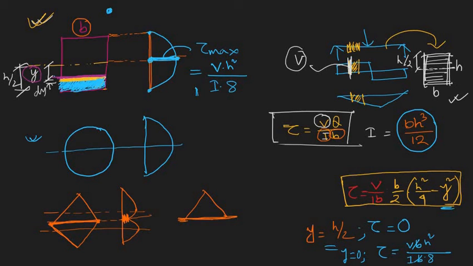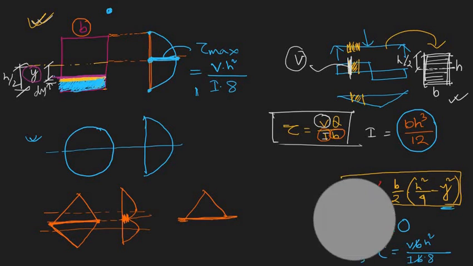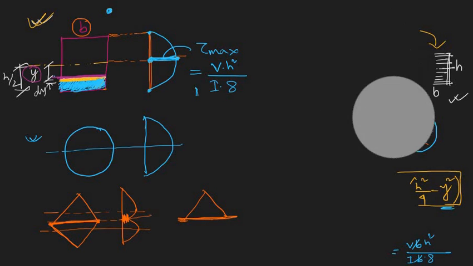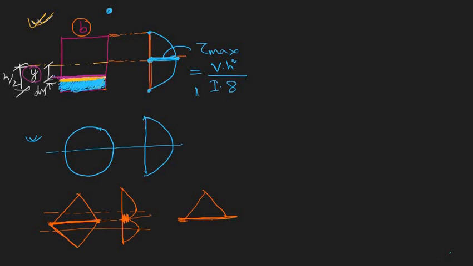Now one thing you can see here is that for every cross section there is a variation of stress. Agree? So just consider this rectangular one. Here you can see that the shear stress is 0 here and maximum at the neutral axis. This is valid for all these cross sections.